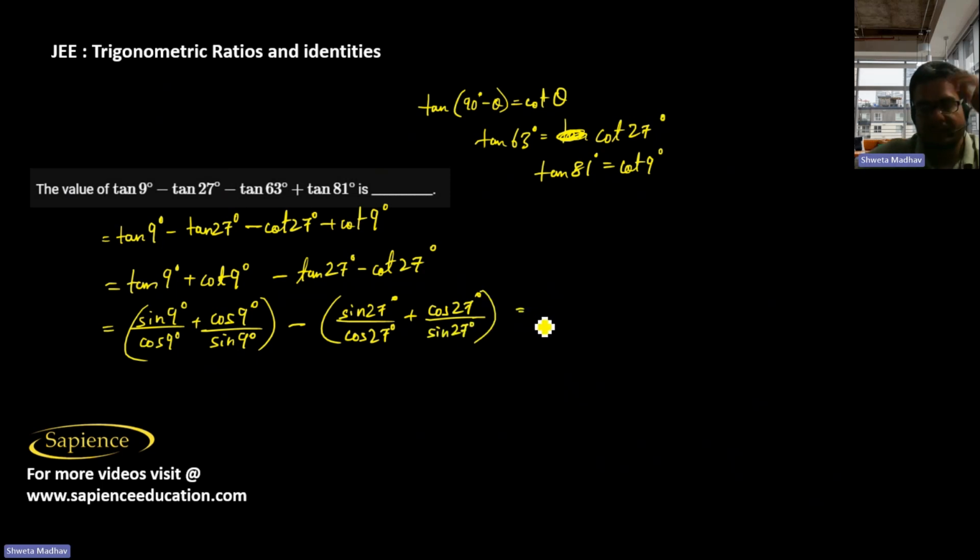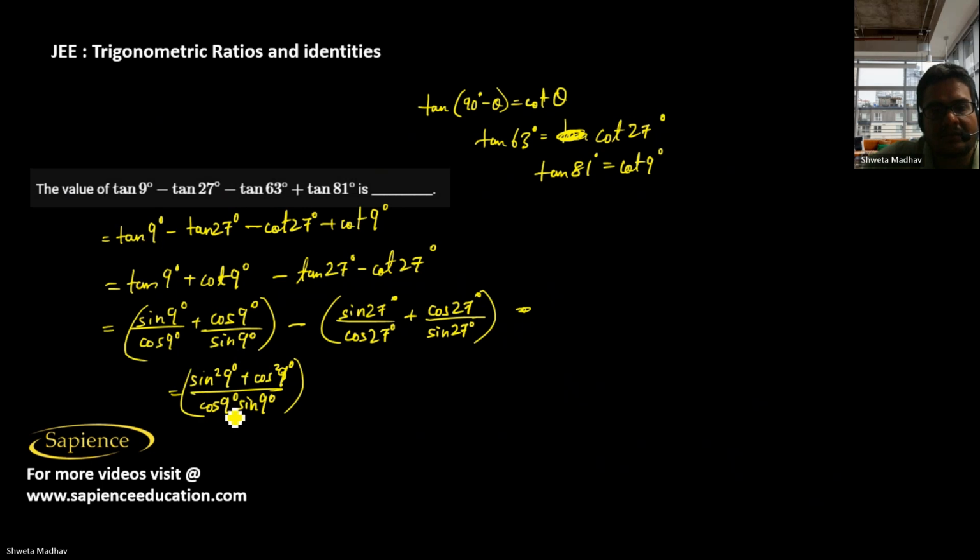Now if I take the LCM, it will be cos 9 degree sine 9 degree, and in the numerator I will get sine square 9 degree plus cos square 9 degree, minus sine 27 degree into cos 27 degree, and in the numerator I will have sine square 27 degree plus cos square 27 degree.